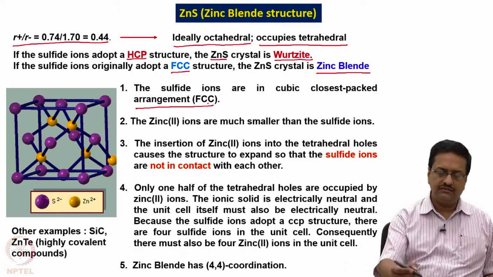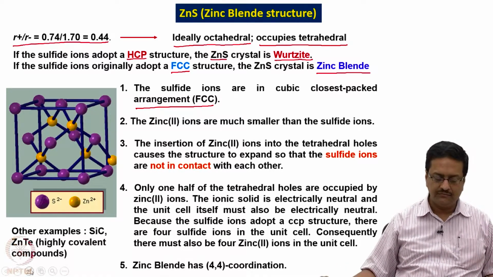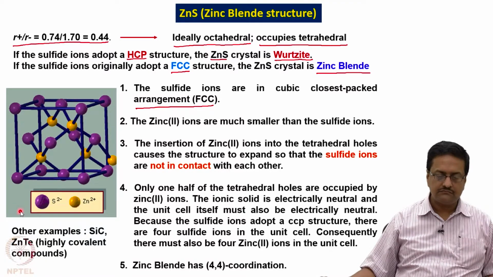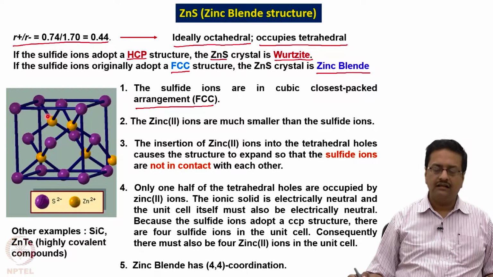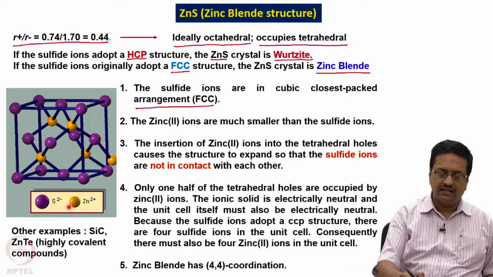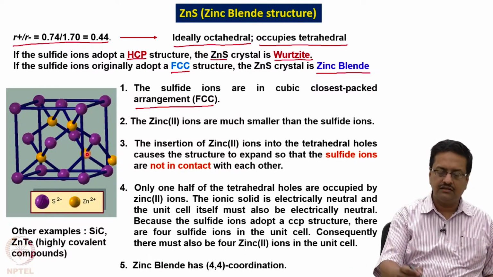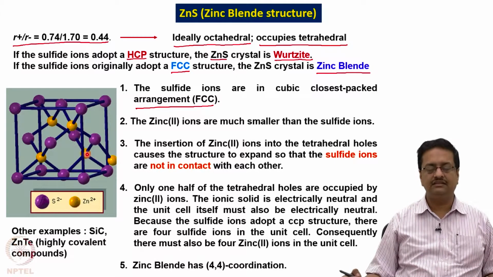So if you look at the figure on the left, you have sulfide atoms occupying the 8 corners and 6 faces, and then the zinc ions are occupying the alternate tetrahedral sites inside the unit cell.